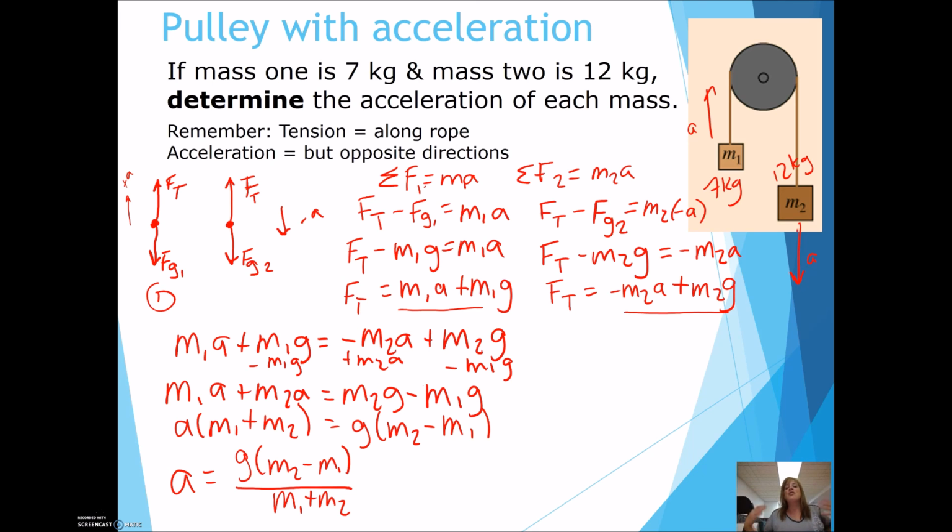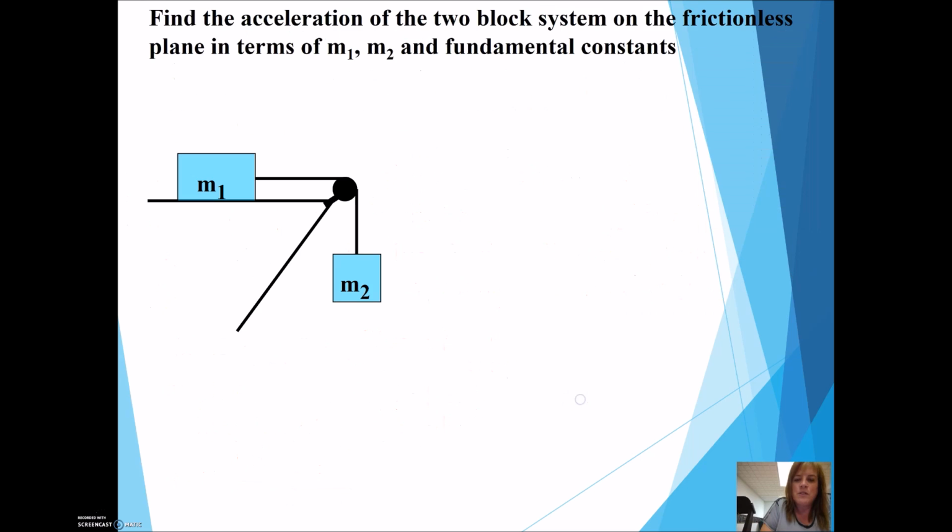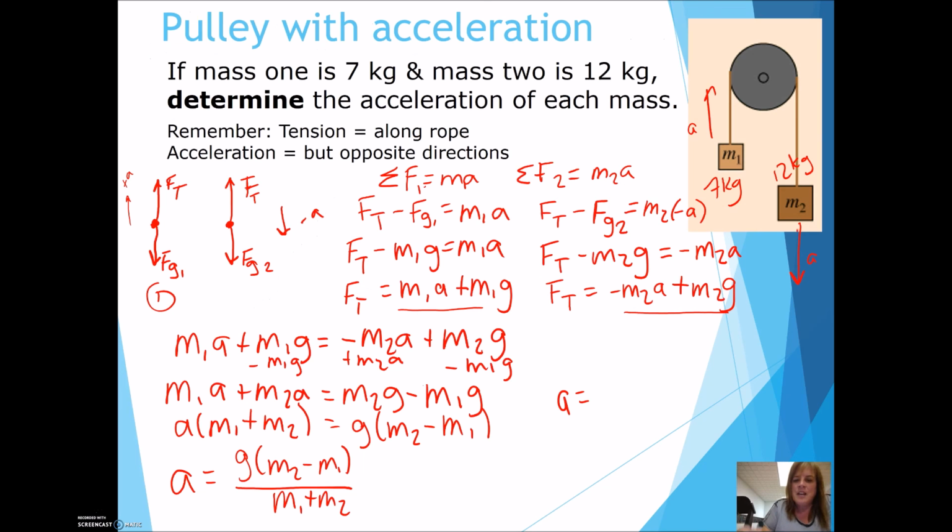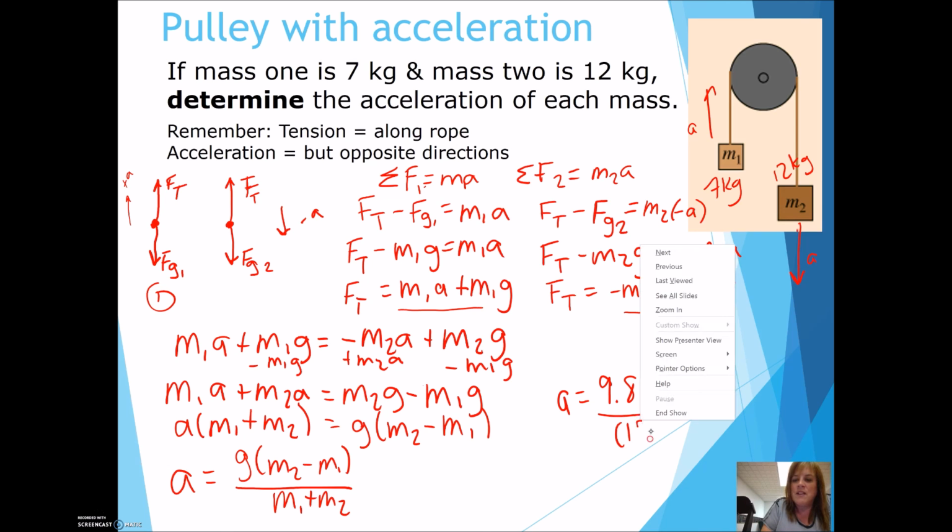All right, now that we have our general equation, let's plug our numbers in. So a is equal to g, which is 9.8, times m2, remember m2 is 12, minus 7, divided by the quantity 12 plus 7.